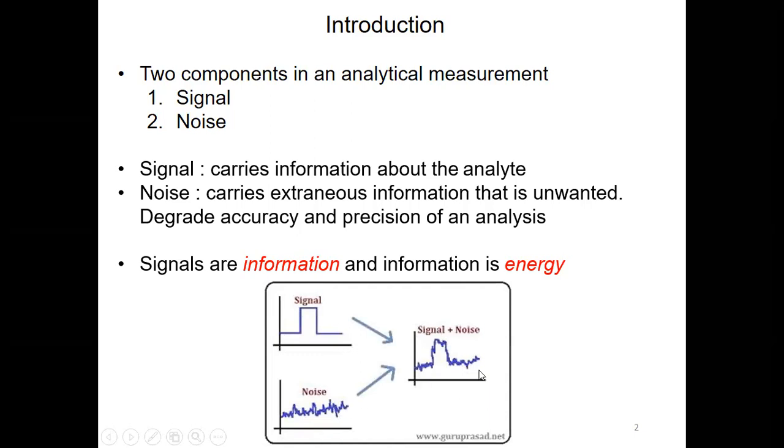Therefore, whatever result we get will be like this. It will have both signal and noise. So most of the time we will not get a clear or good spectrum or signal like what we are expecting. It will always be a messy scan or messy spectrum, right?